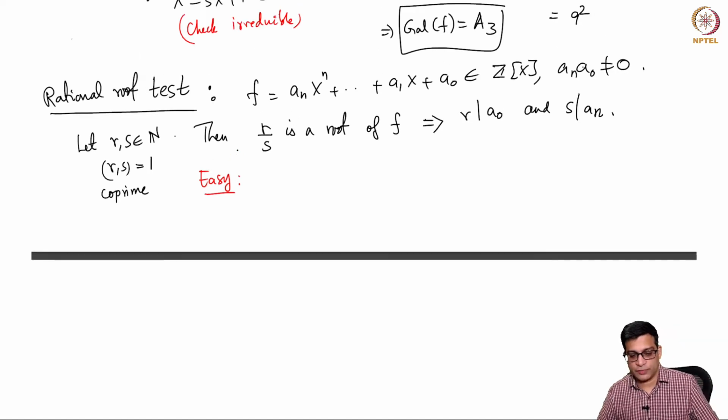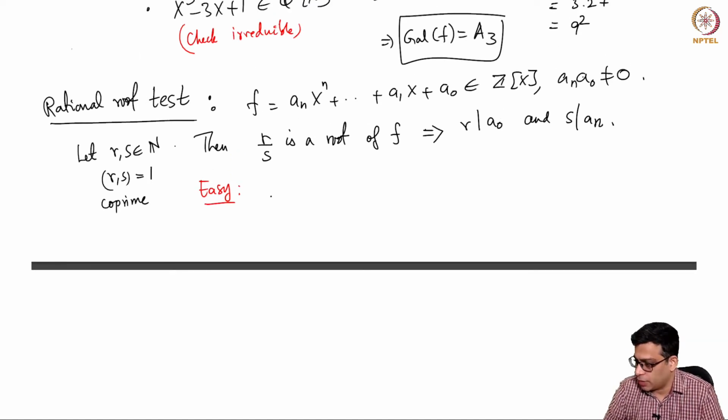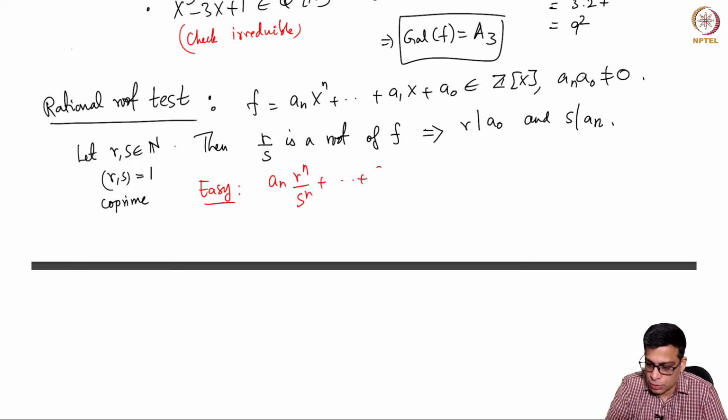A general version of this is from the Eisenstein criterion, or Gauss lemma, but you can directly do this because it is standard. So if r by s is a root, you have an times (r by s)^n plus ... plus a1 r by s plus a0 is 0.